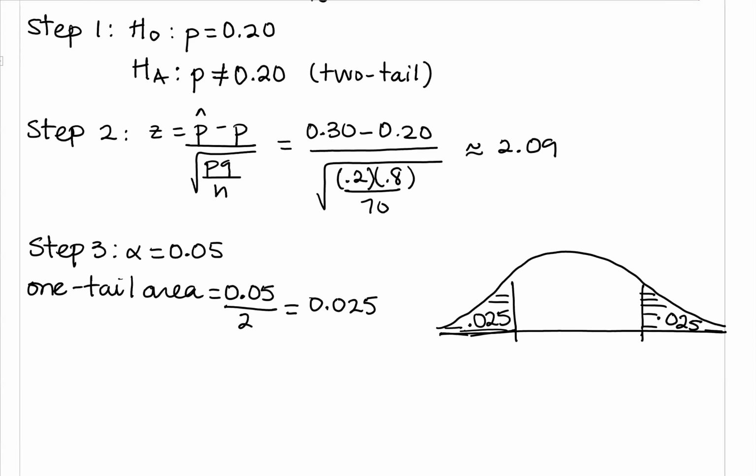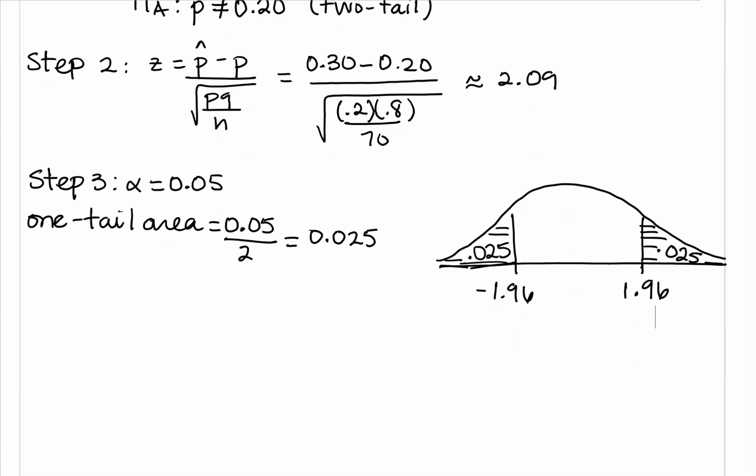So now we know that our two critical values are negative 1.96 and positive 1.96. Remember, we have symmetry here, so once we find one, all we need to do is change the sign to find the other. We will now take our test statistic of 2.09 and drop that into the picture.